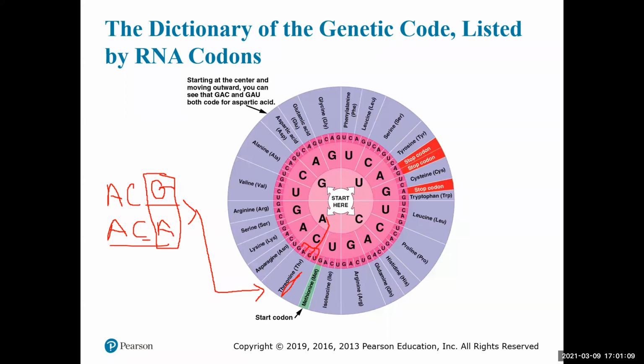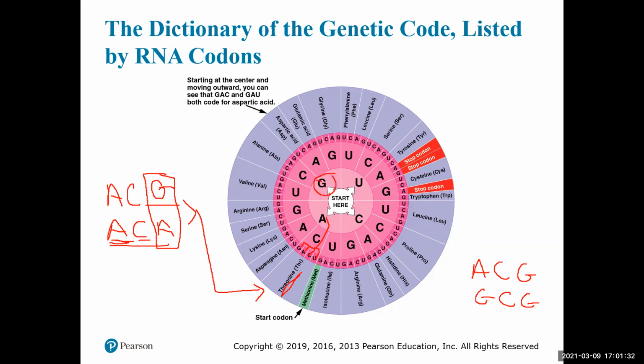However, if you change the second and especially the first, you're most likely going to get a change in the amino acid. So for example, if we go from ACG to GCG, we're starting in a whole different quadrant of the circle.